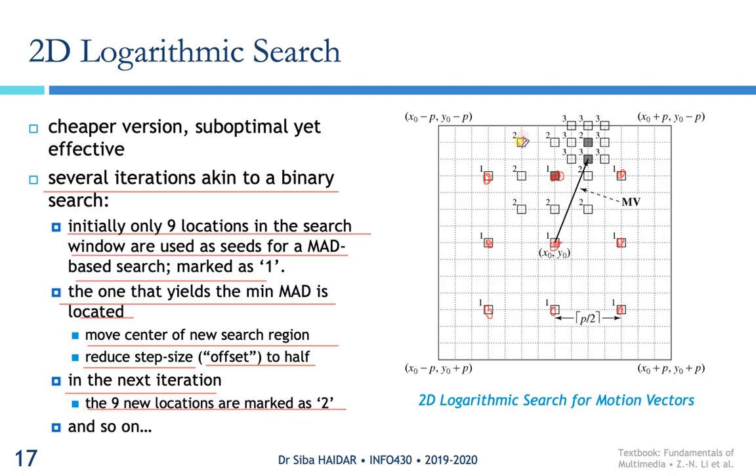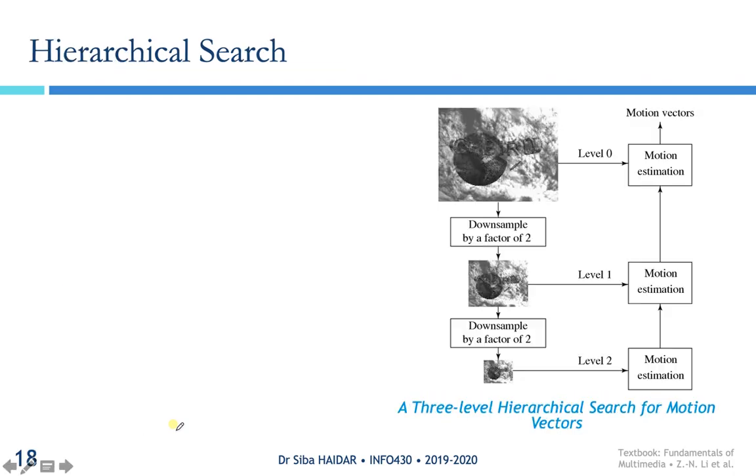Now I will search in the locations 2, and between those locations, the one that gives me the smaller MAD, I move the center of the search to it, and then I reduce the step to the half and I search again, and so on. So this is the 2D logarithmic search.